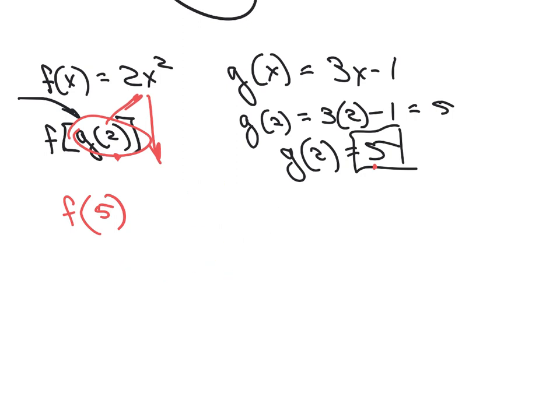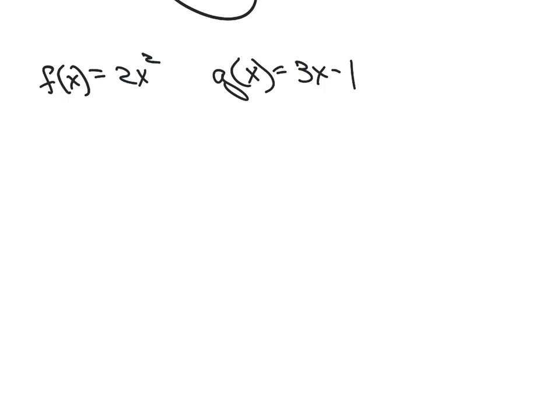Same thing if we go the other way. And we have, again, f of x equals 2x squared. G of x equals 3x minus 1. Okay, B part of this is g of f of 2. And we'll get something different when we do this. So we're going to do the f of 2.